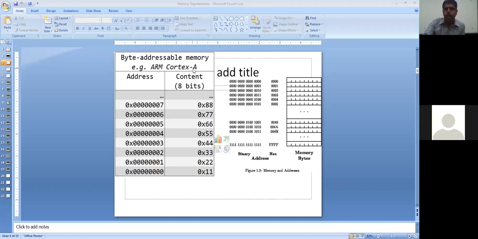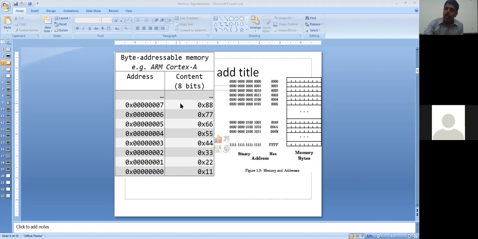Here, for the ARM Cortex-A processor, it is a byte addressable memory. For example, in each address location, we can store 8 bits of data. Here, 8 bits of data is represented by 2 digits in hexadecimal, so each digit requires 4 bits in binary.